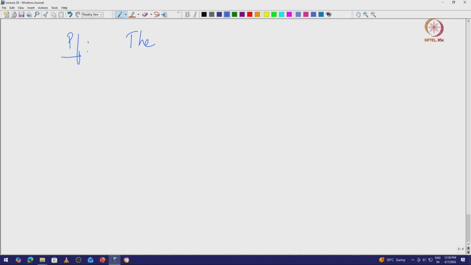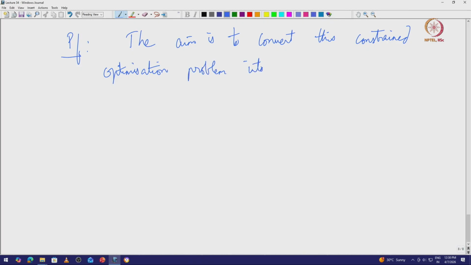The aim is to convert this constrained optimization problem into an unconstrained one by solving the constraint.